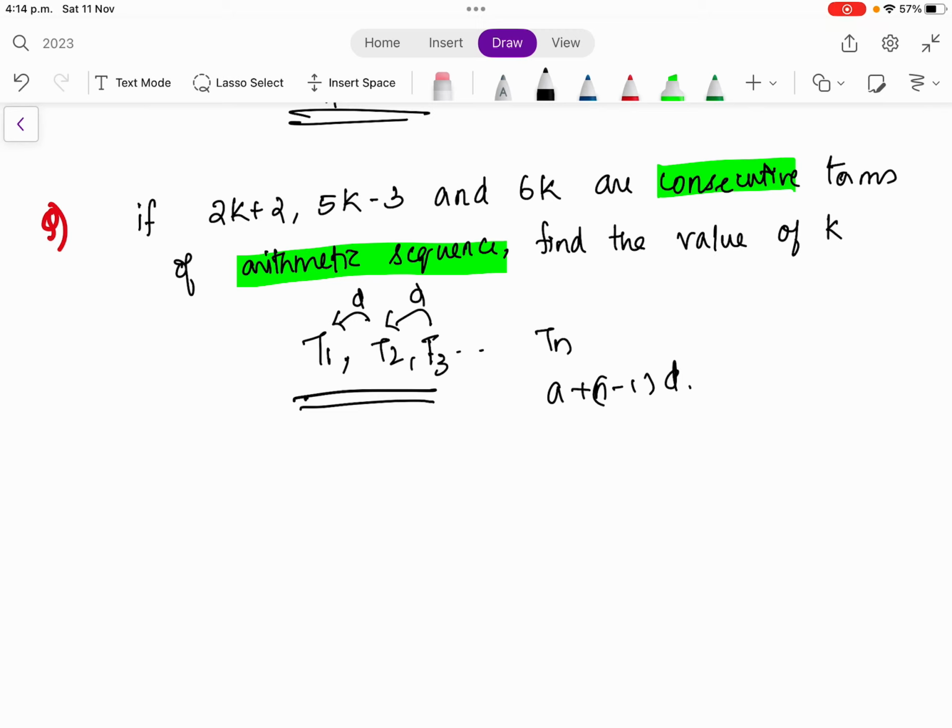If these terms are n minus 1, Tn and Tn plus 1, this minus this will always be equal to this minus this.